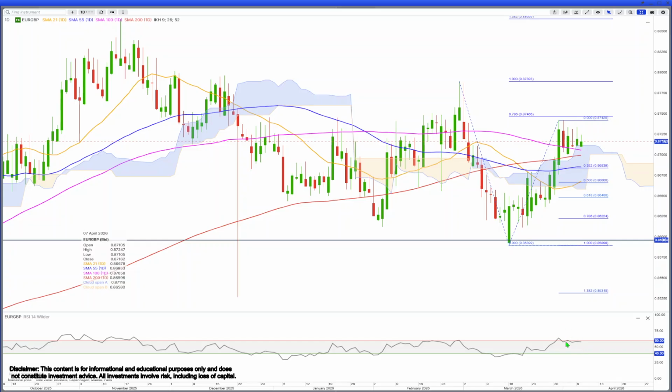However, we have the RSI in a positive sentiment, indicating likely higher levels, but we could see it setting back a little bit, maybe down to the 86.80 level here, the 38.2 retracement and the 55 moving average, and then I think we'll see it bouncing again and pushing higher. But if it takes out that, well, then we could see lower levels. So a little bit of a limbo here, wait and see mode.